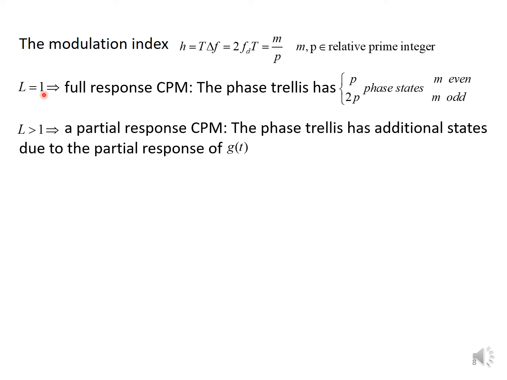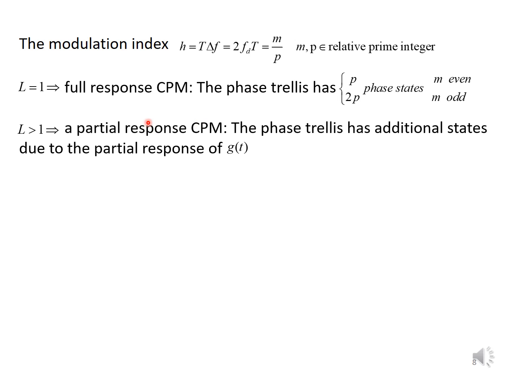When L equal to 1, we call this full response CPM. Every phase change finishes within one symbol time. It's called full response continuous phase modulation.